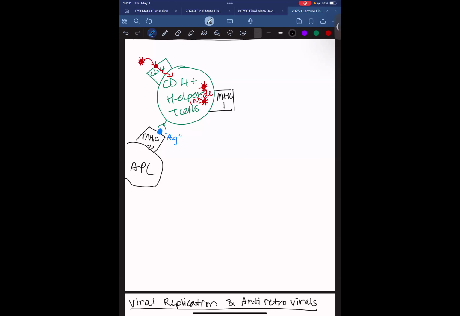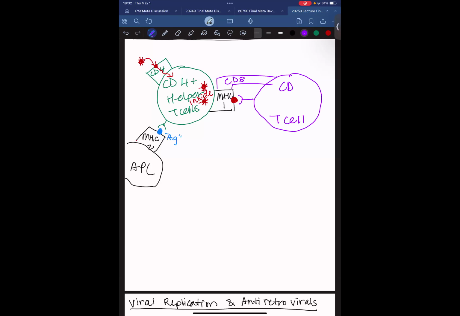So these guys, even though their normal job is to have CD4 and react to stuff presented on MHC2, when infected on the inside with something, they have to be able to call out for help too. So they'll present that inside stuff on MHC1. So what's going to respond to that? A T cell, because it's being presented on MHC. But if it's MHC1, it's a different kind of T cell, isn't it? It's a CD8.